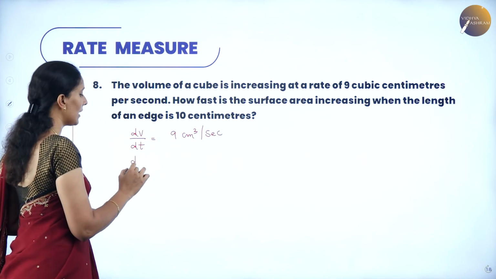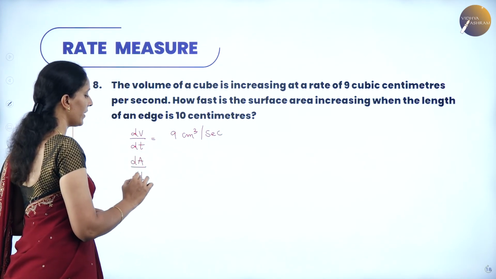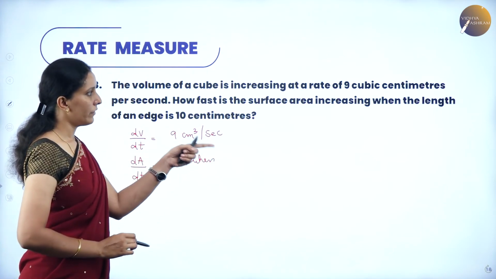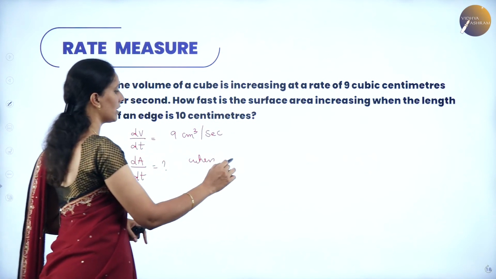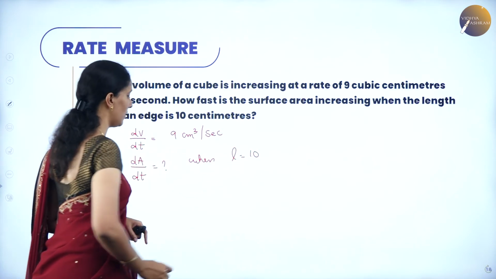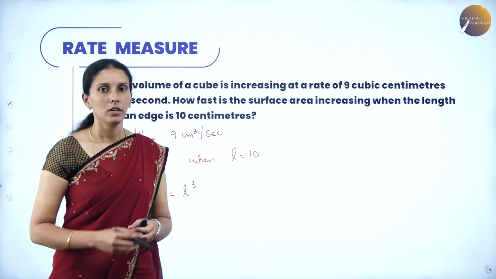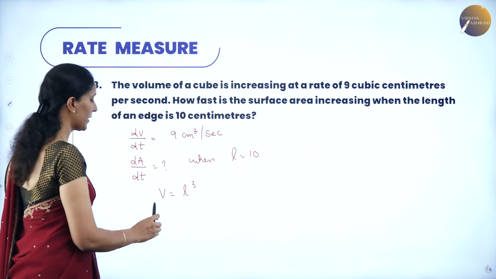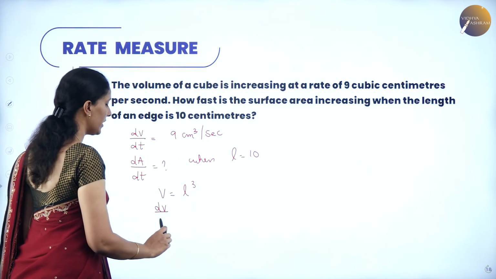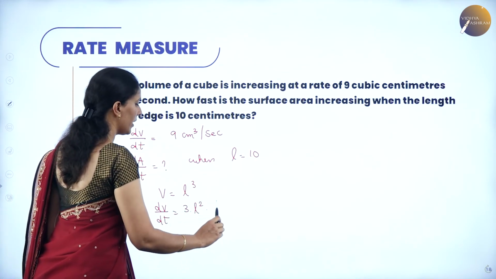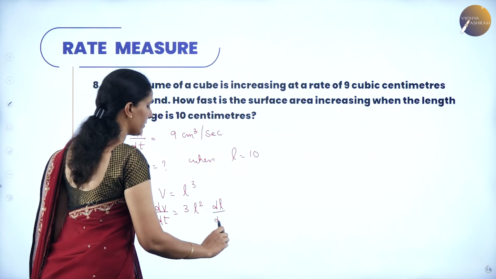We have to calculate the change in surface area whenever the length of an edge, that is L is equal to 10 centimeter. We know that volume of a cube is L³. Now, let us differentiate it with respect to t here. So, this becomes dV/dt is equal to 3 into L² into dL/dt.